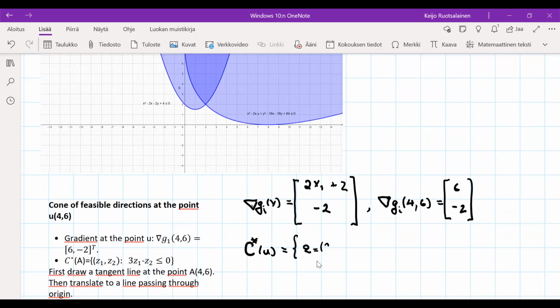They have two coordinates Z1 and Z2, such that this 6 minus 2 scalar product with Z1, Z2, this is 6 times Z1 minus 2 times Z2 is less than 0. But then I can divide it by 2, then I get this equation here, 3 times Z1 minus Z2 is less than 0.